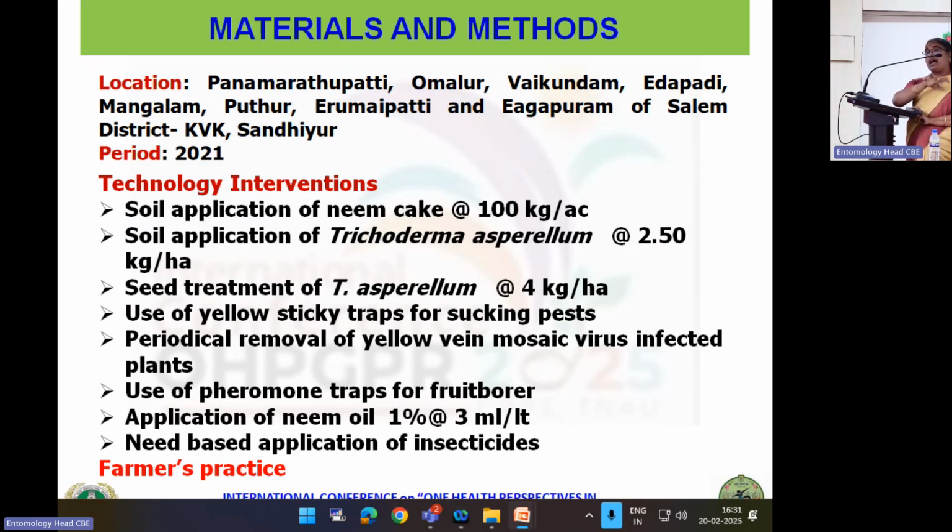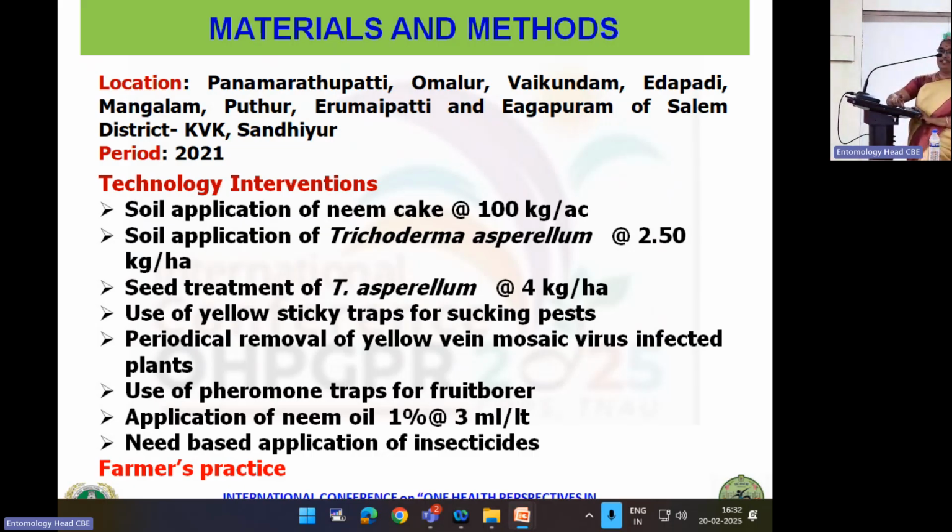In some cases, not in all 10 farm fields, the incidence was higher because farmers practice other agronomical practices, including excess application of nitrogen, and in those areas we came across a lot of whitefly incidence. In those cases, we applied need-based imidacloprid and spinosad for management, and COC for the management of disease. And we have compared it with the farmers practice.